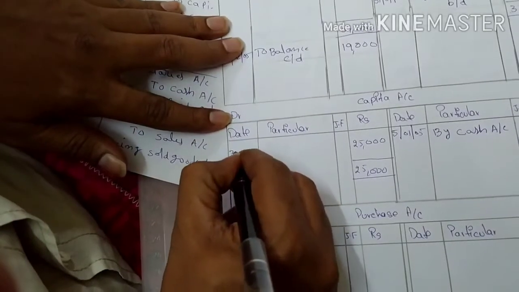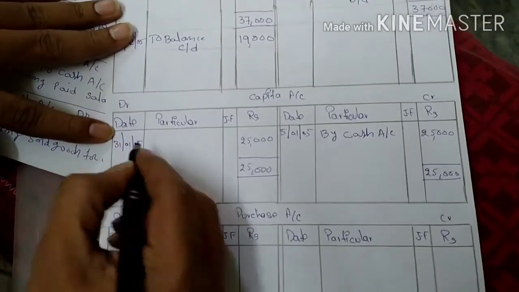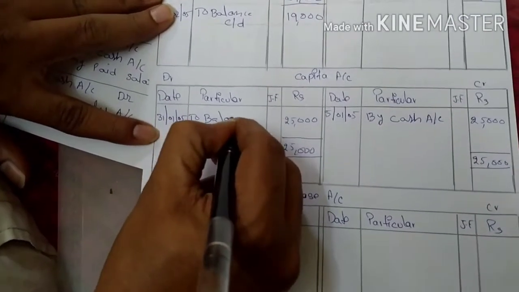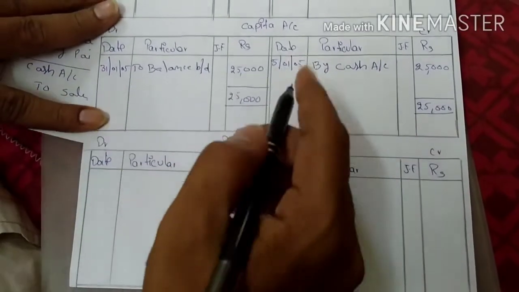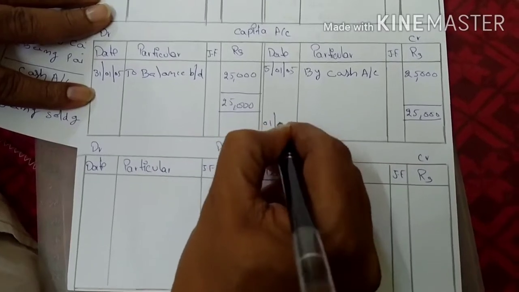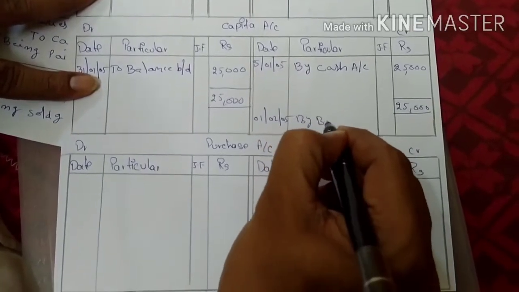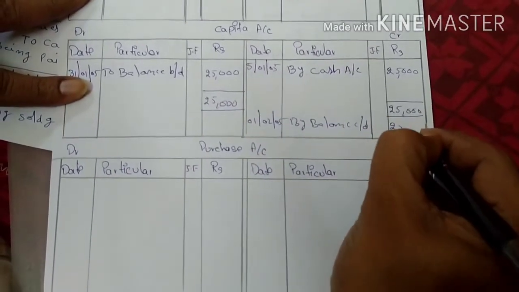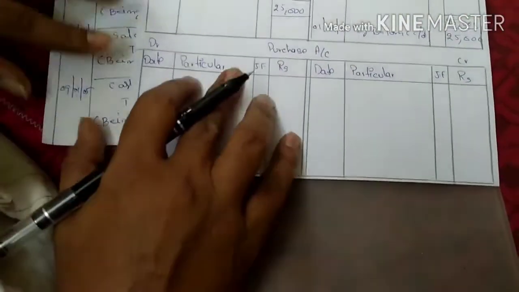Next, that month's last date, 31st January 2005, to balance brought down, B by D. Next, the next month's first date, 1st February 2005, by balance carry down, the same 25,000 needs to be posted here. As per our things, cash is over, capital is over.